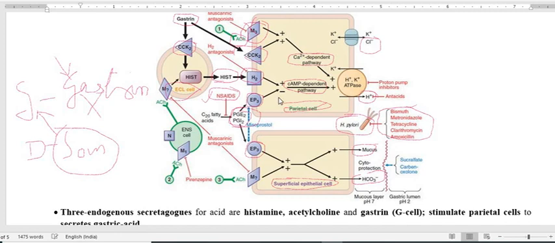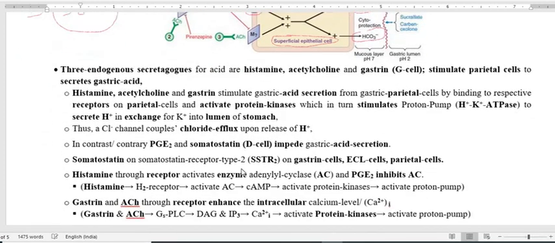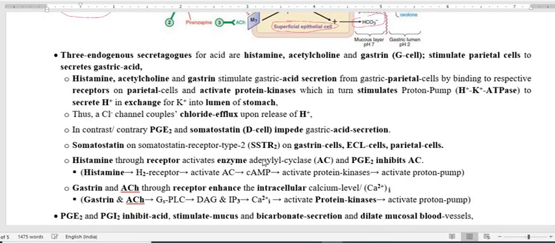So somatostatin inhibits gastric acid production by inhibiting the release of gastrin hormone from the G cell, and also by acting on the receptor present on the parietal cell to inhibit the synthesis of hydrochloric acid. So this is about the somatostatin function.